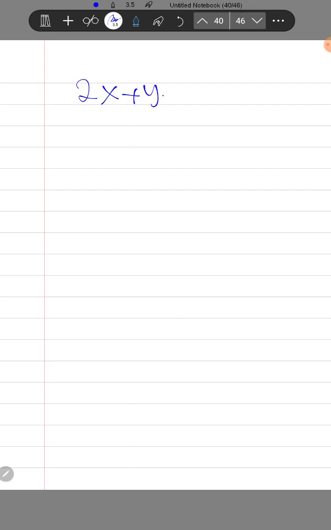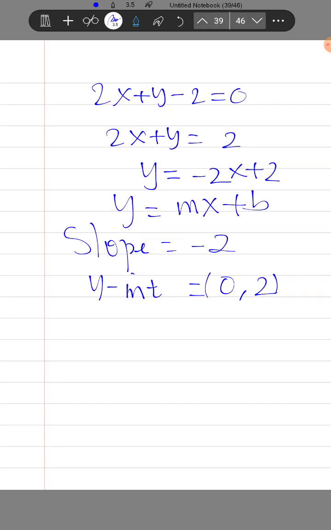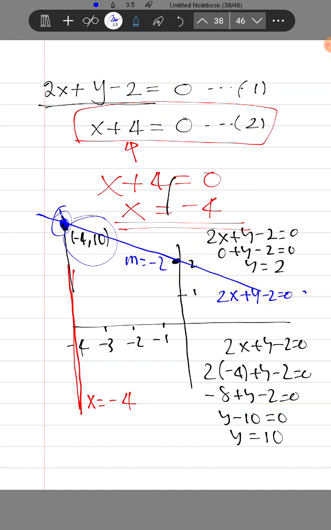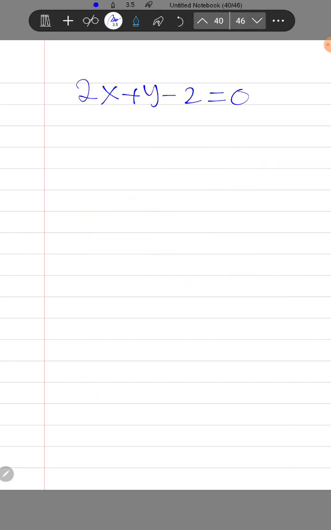Let me just get the 2 points. These are minus 4 and 10. x is equal to minus 4, y is equal to 10.